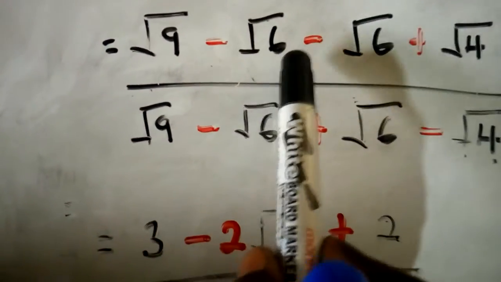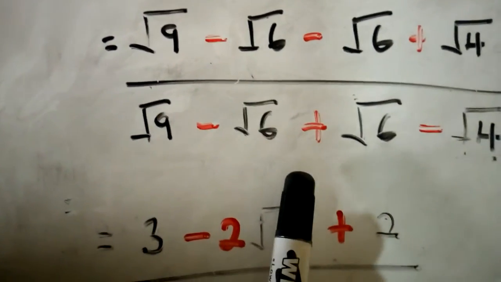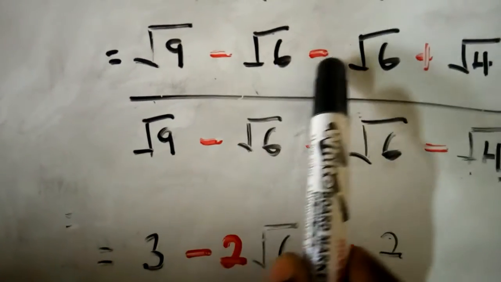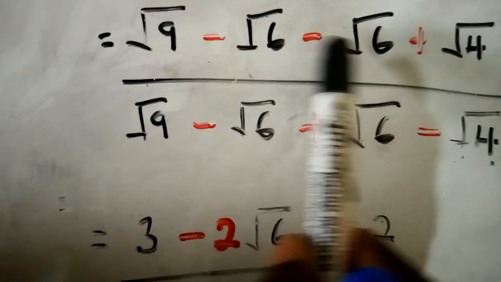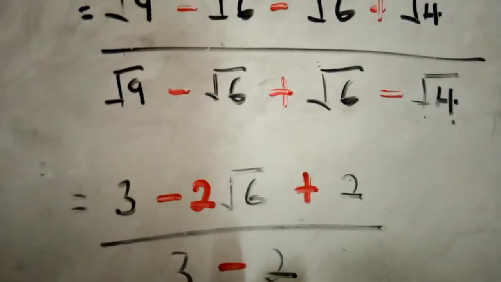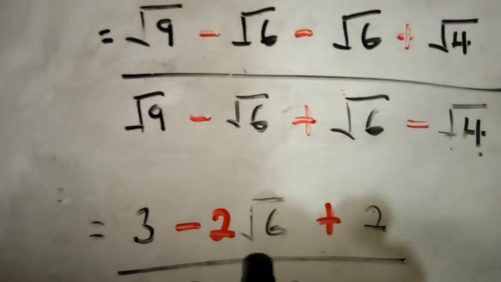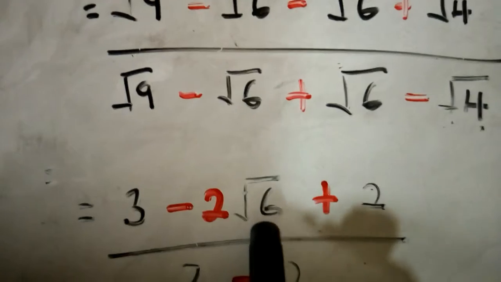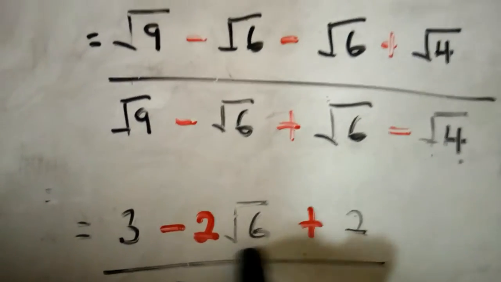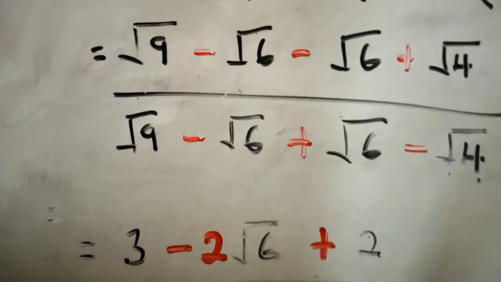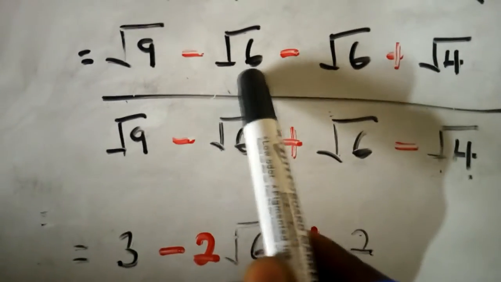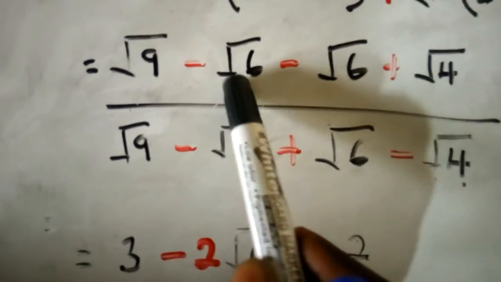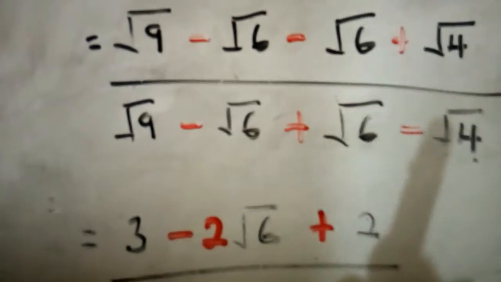Then you maintain one of the square root sign. That is the main reason why you need to obey that law, which says that the numbers under the radicals have to be the same.